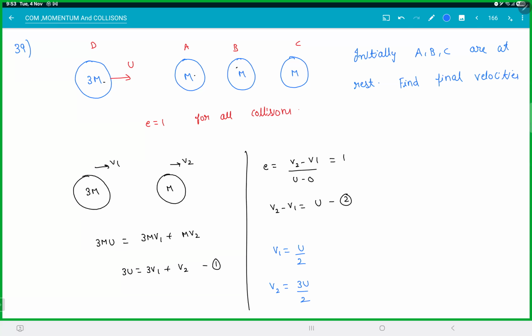So let's try to read this like this. After every collision, the 3m ball's speed becomes half. After collision, Vd becomes half, and Va becomes 3 by 2 times Vd.